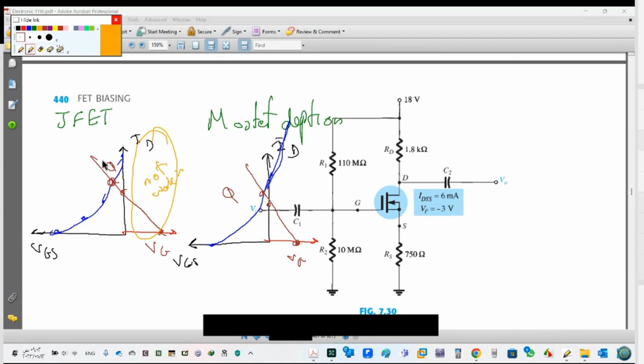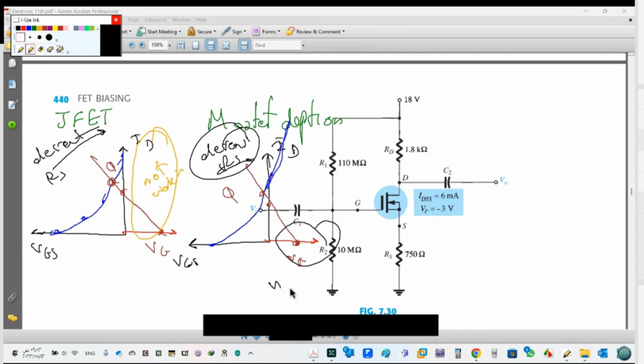Here, by decreasing RS, for example, or using a positive value for VGS, I will work here.